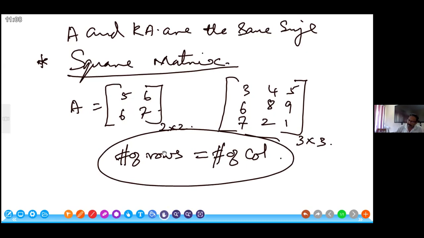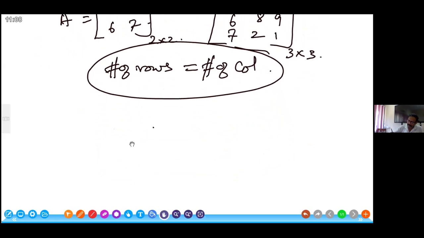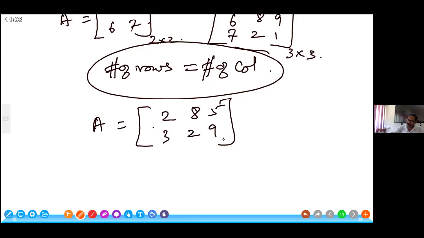The rest of the matrices are called rectangular matrices. For example, let's say A is 2, 8, 5, 3, 2, 9. So this is 2 into 3.